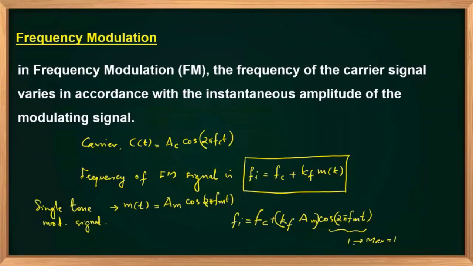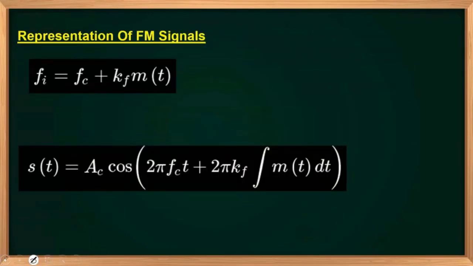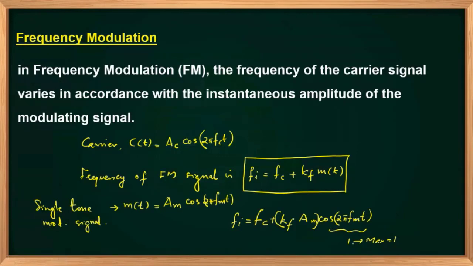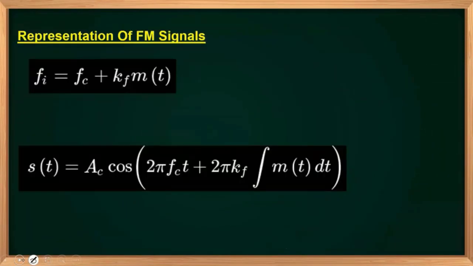So the peak deviation is delta f, and fi equals fc plus delta f into cos 2 pi fm t. This is the equation of the instantaneous frequency of the FM signal. This is an important equation for the FM signal.